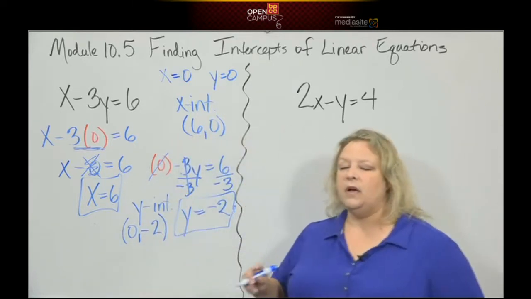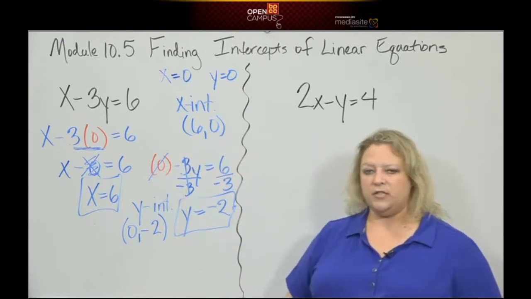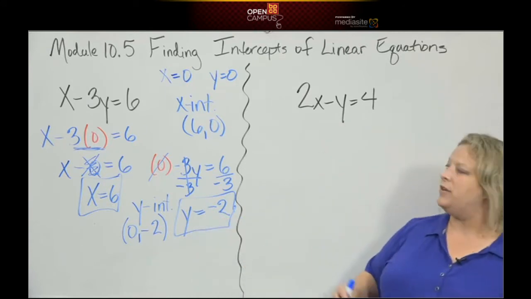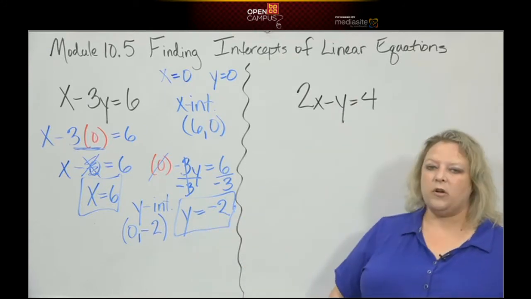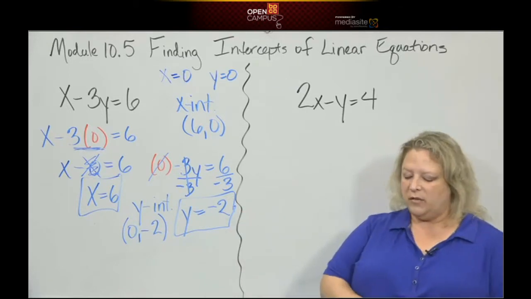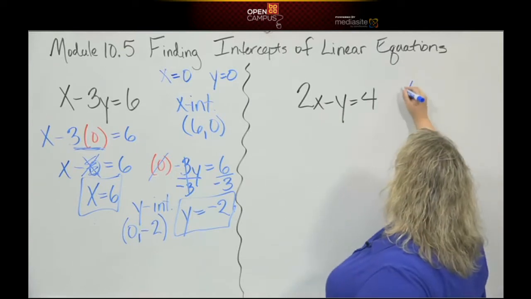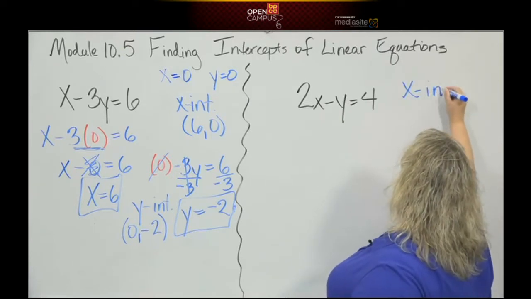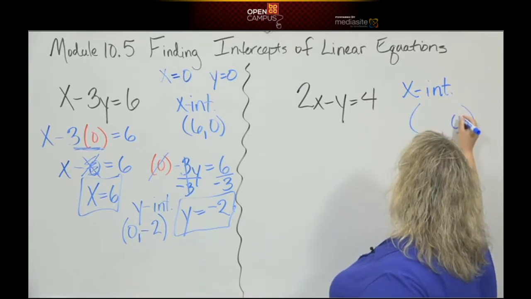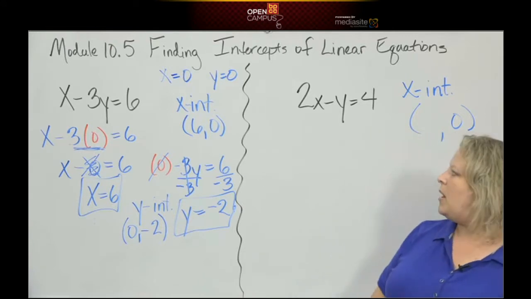So those are my x-intercept and my y-intercept for this one particular equation. Now let's do the same procedure over here, because we're going to take both of these lines in a minute and graph them. For my x-intercept, I'm looking for something, comma, 0, because I'm going to substitute 0 in place of my y value.